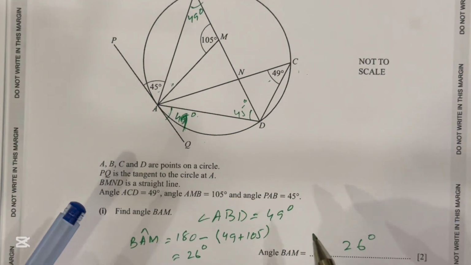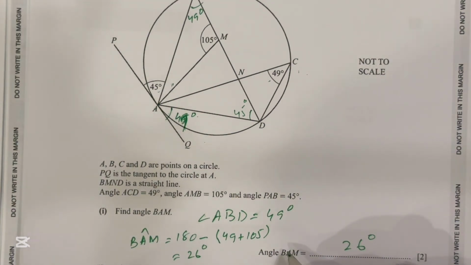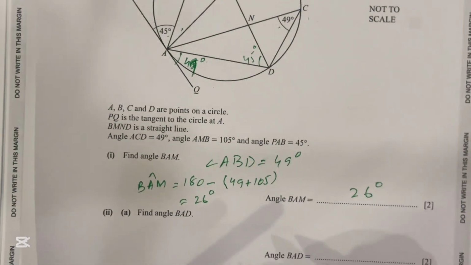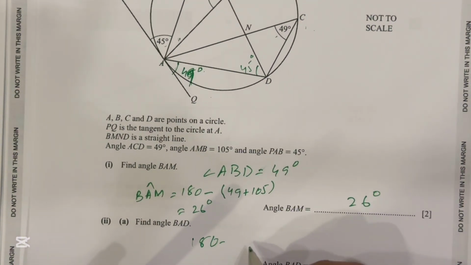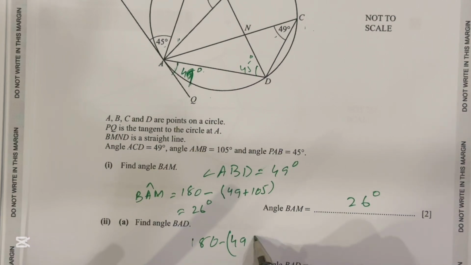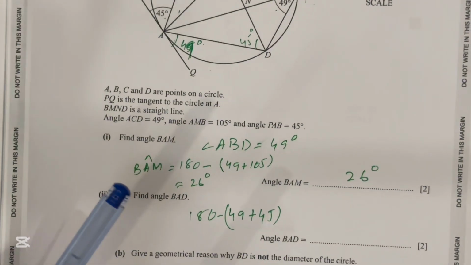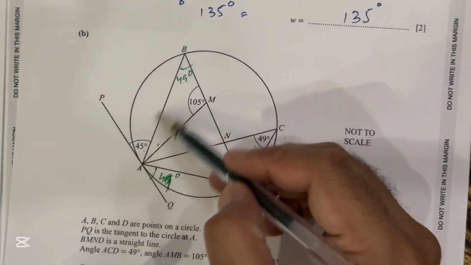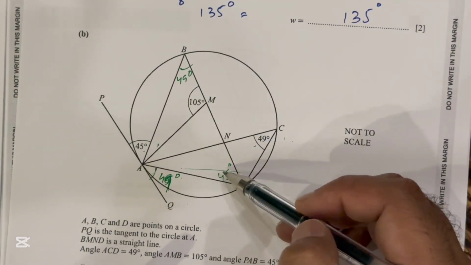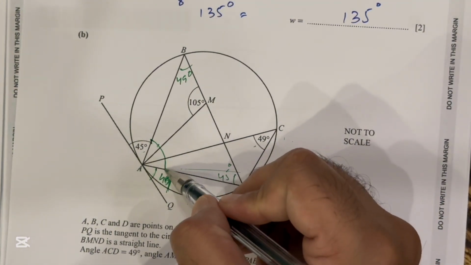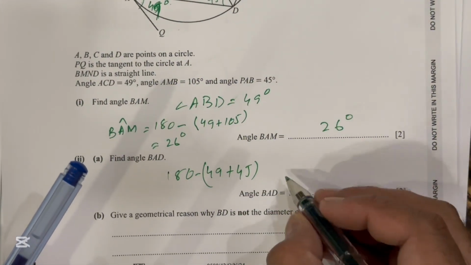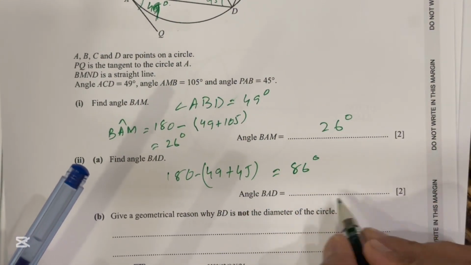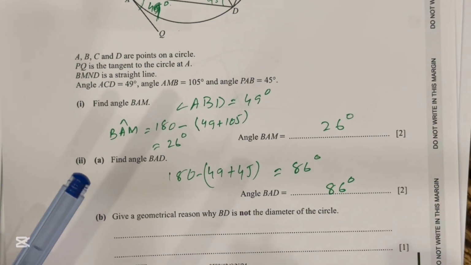So that would be equal to 180 minus 49 plus 45. Now you can see this is a whole triangle BAD. 49 and 45 is given. You can find easily this complete angle, and that would be equal to 86 degrees. So your final answer would be 86 degrees.